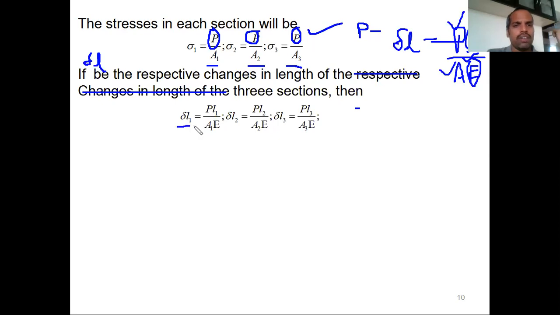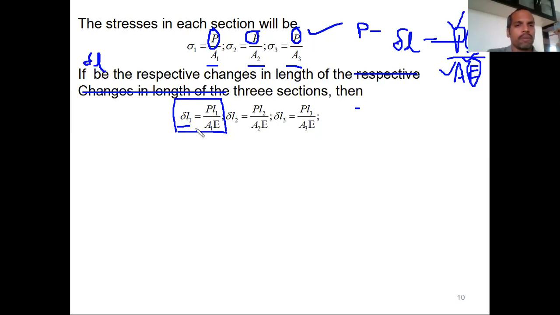So delta L1 is equal to PL1 by A1E, delta L2 is equal to PL2 by A2E, and delta L3 is equal to PL3 by A3E. Because in this one, the length is different and the area is different, each section will undergo a different amount of change in length.